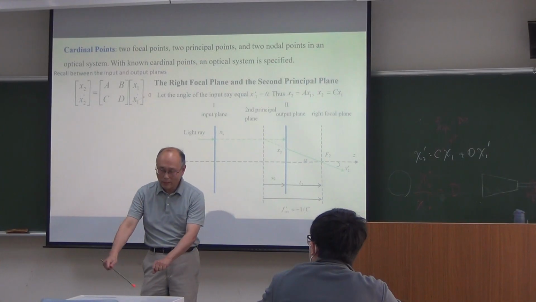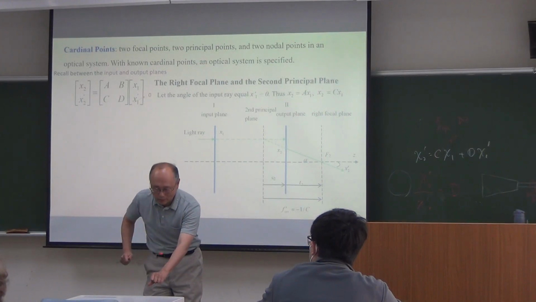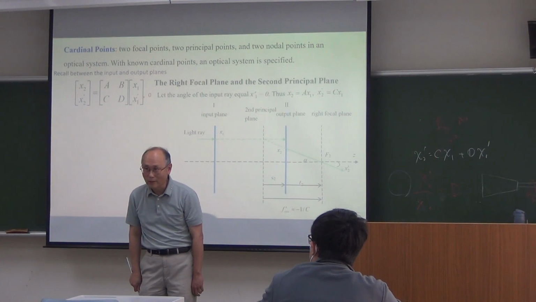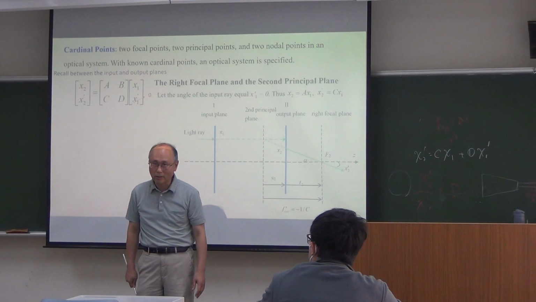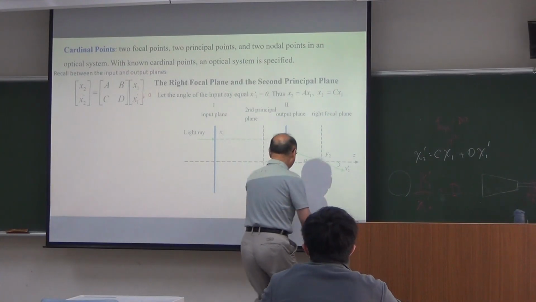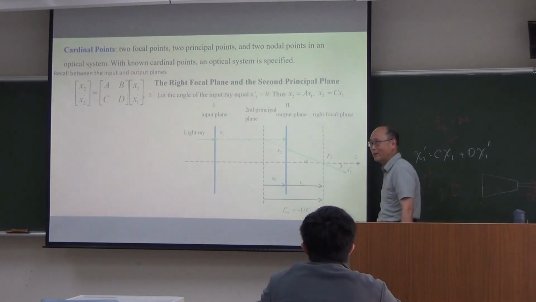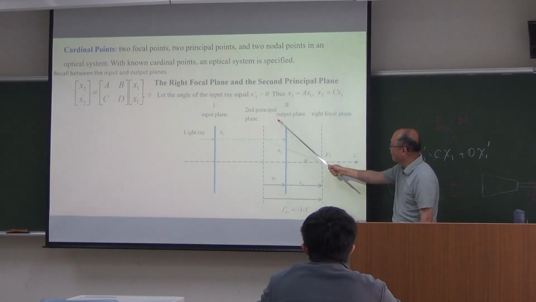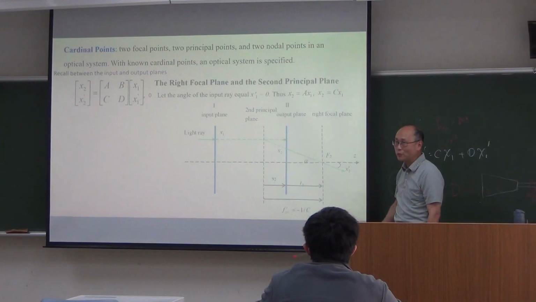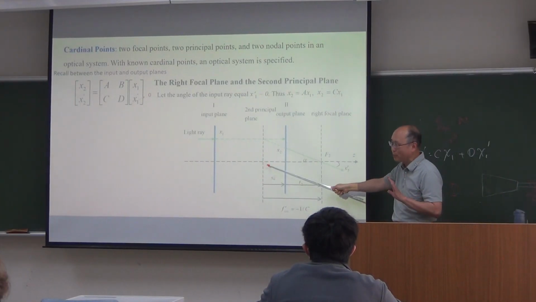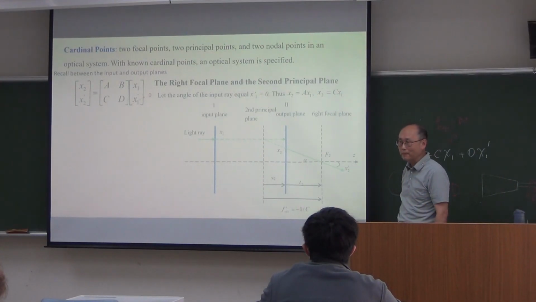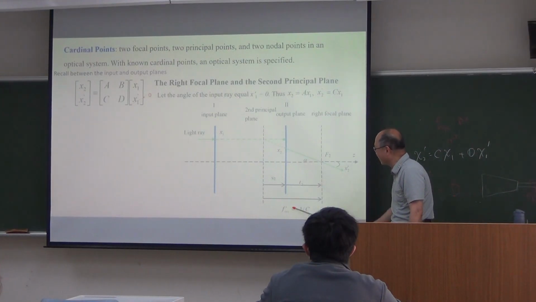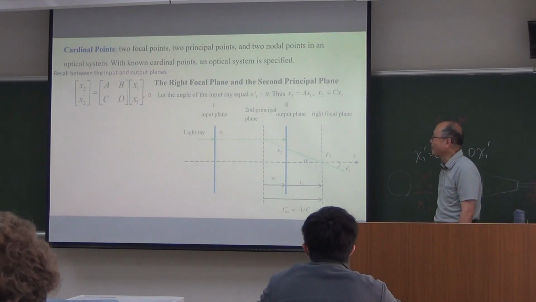So to me, it's more meaningful to know the distance between this point and this edge. Right? Intuitively, yes. So this distance, in fact, is more important to me. I need to be able to know this T2. But this is just an imaginary plane in the optical system, defining the length of the focal length. Okay.